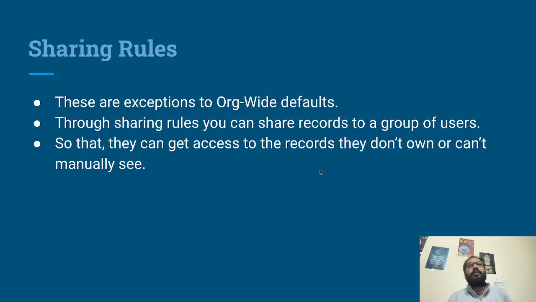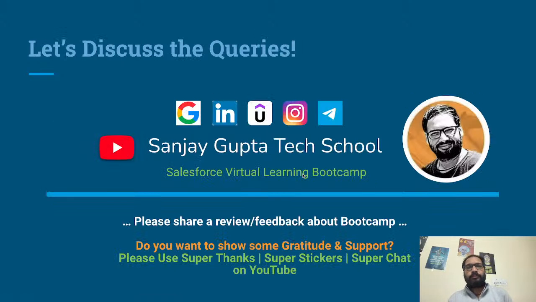Again, in interviews, there will be questions like object and field level security, through which we control. Object and field access will be controlled by profiles and permission sets only. And if we talk about record access, those will be controlled by OWD, roles, sharing rules, and manual sharing.